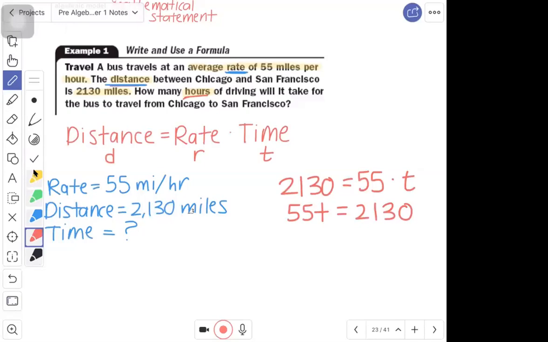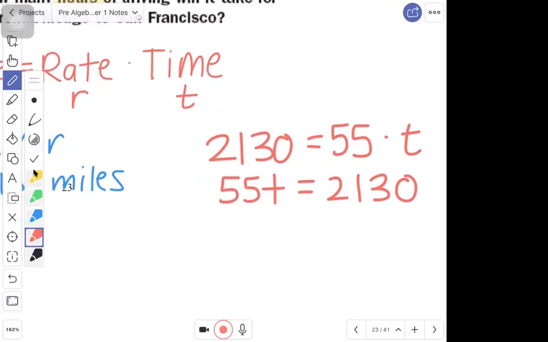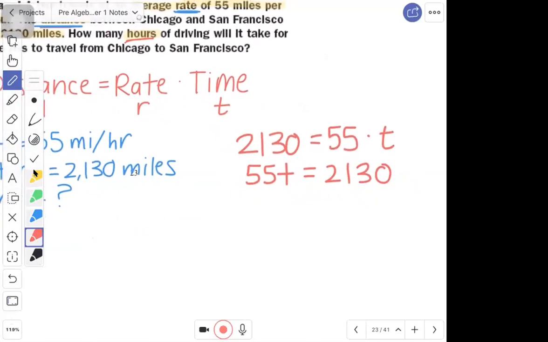And Josh, do you want to tell me what step we'll take to solve for t here? Would you divide? Yeah, we're going to divide because the 55 is being multiplied to the t. So the opposite of multiplying is division. So we're going to divide both sides by 55.